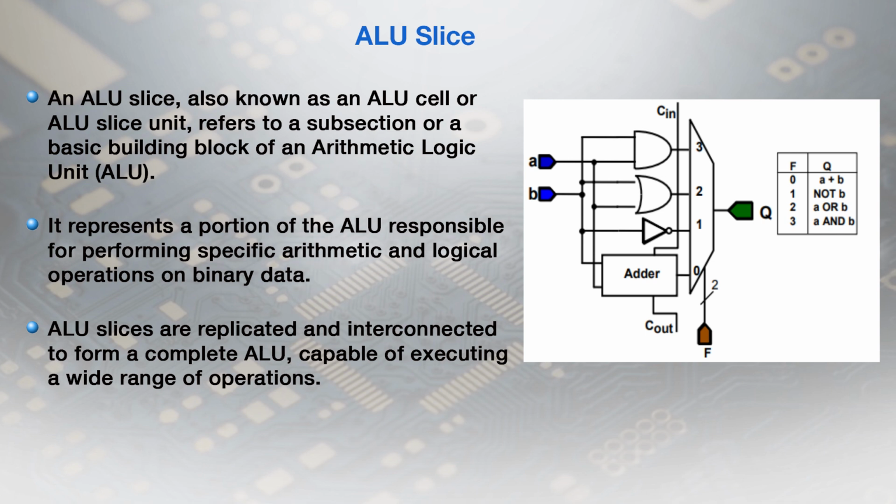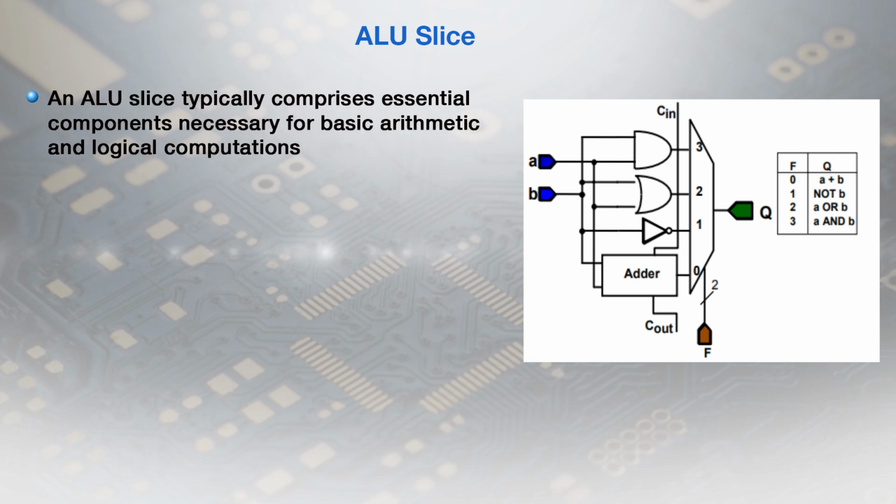ALU slices are replicated and interconnected to form a complete ALU capable of executing a wide range of operations. An ALU slice typically comprises essential components necessary for basic arithmetic and logical computation.